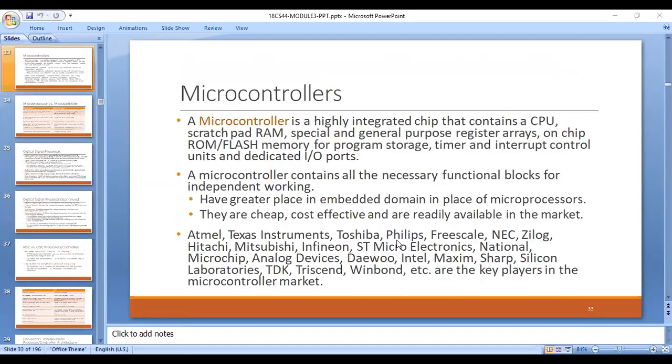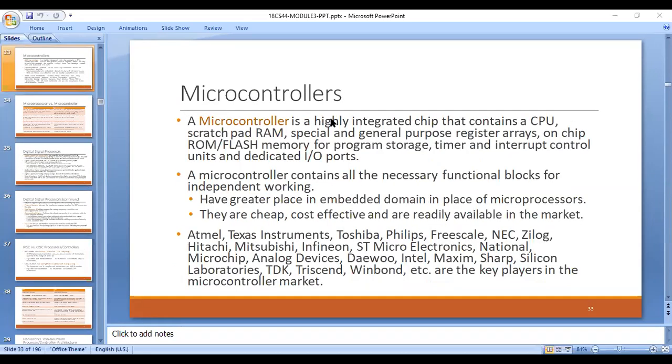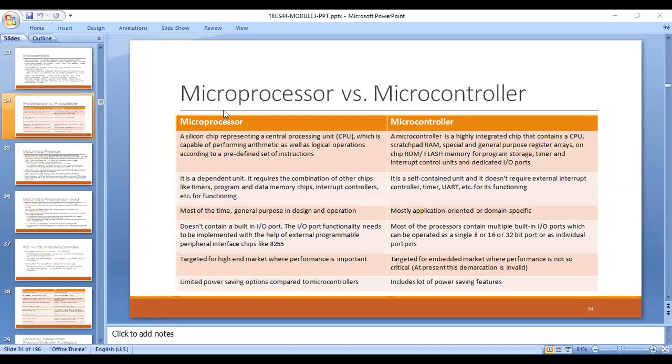There is a resemblance between the microprocessor and the microcontroller. Microprocessors are built for general purpose use and have a predefined set of instructions, whereas a microcontroller is a highly integrated chip that contains everything: CPU, scratch pad RAM, special and general purpose registers, on-chip RAM, and flash memory for program storage. Everything is there, right?